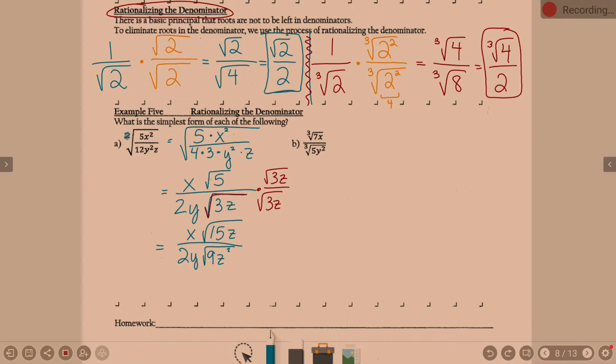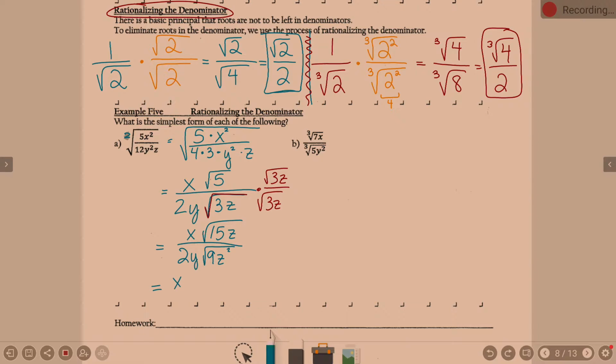But keep in mind, the whole point is I don't want any square roots in my denominator. But what do you know about the square root of 9z squared? We can take that square root, can't we? And the shortcut, I don't know if you guys like it or if you've grown to like it yet or not. The square root of 3z times the square root of 3z is going to end up being just 3z. When you multiply a square root by itself, it ends up being just that square root.